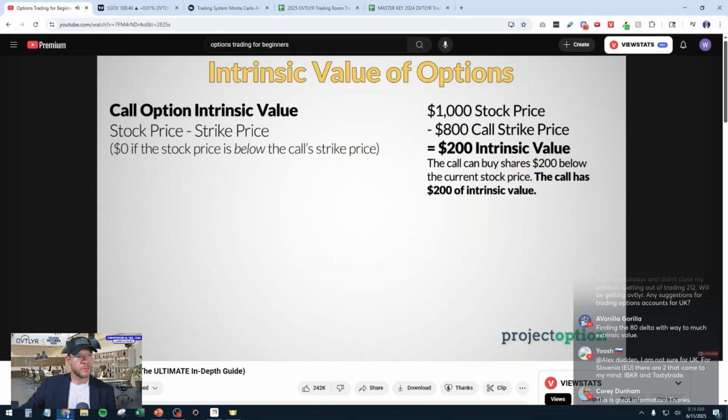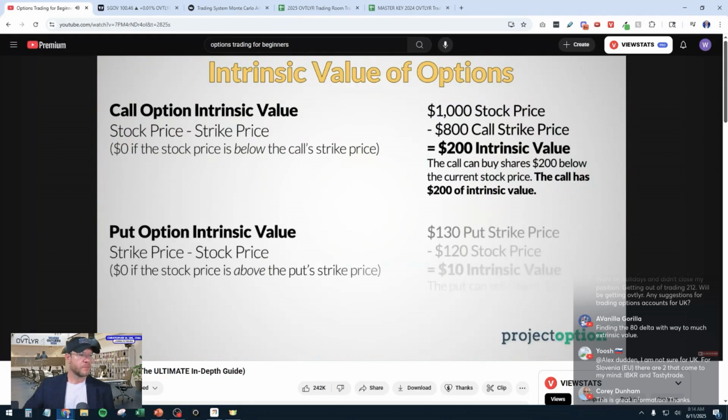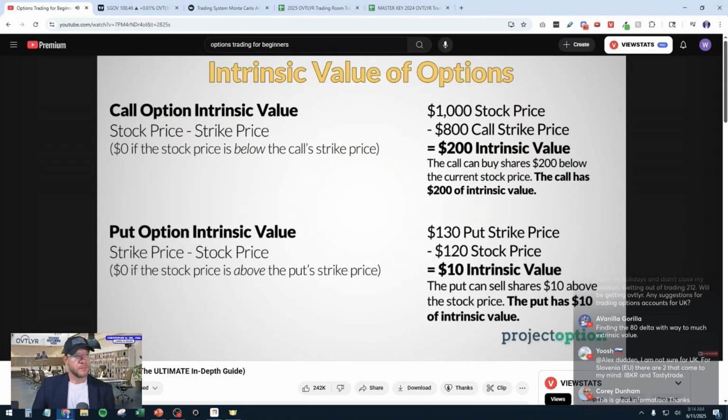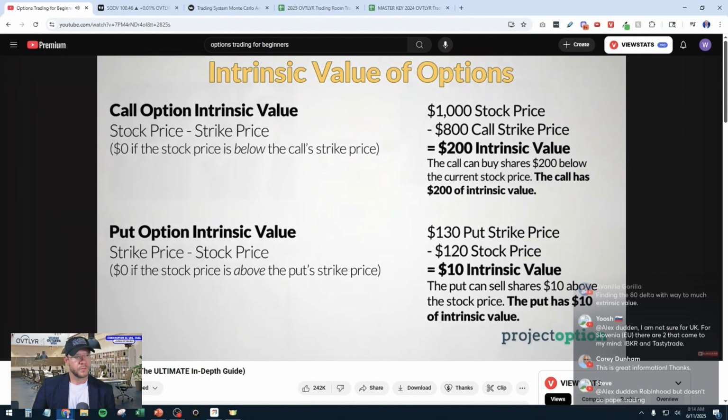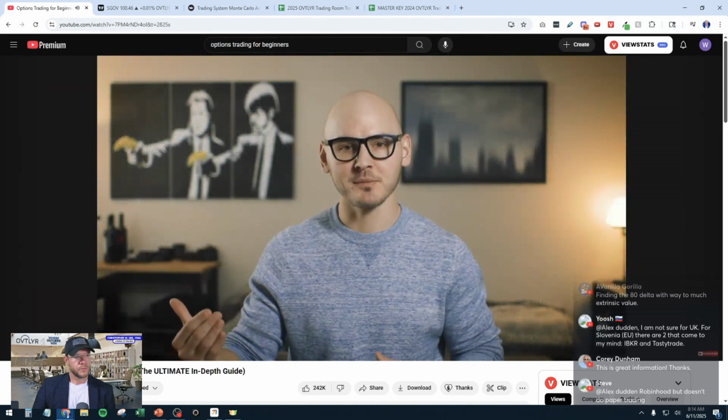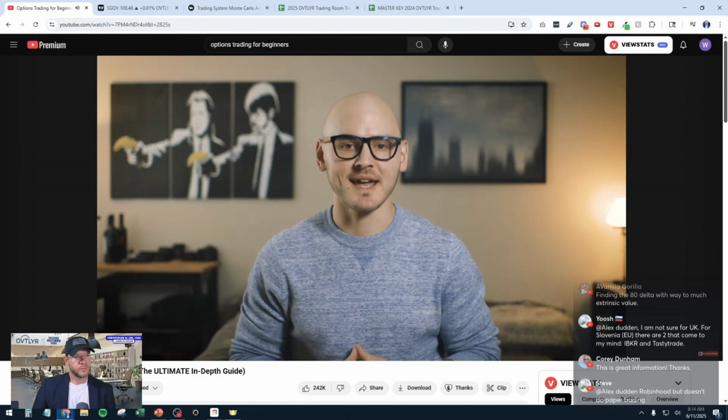If you have a strike price of $130 and the stock price is at $120, you have a put contract that can sell shares of stock $10 higher than the current stock price, and that has real or intrinsic value equal to $10. So we say that the put option has $10 of intrinsic value.